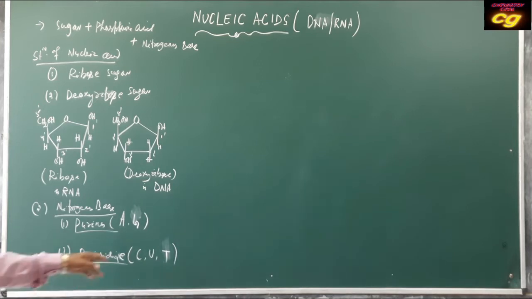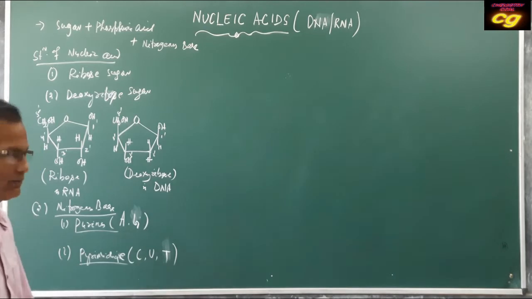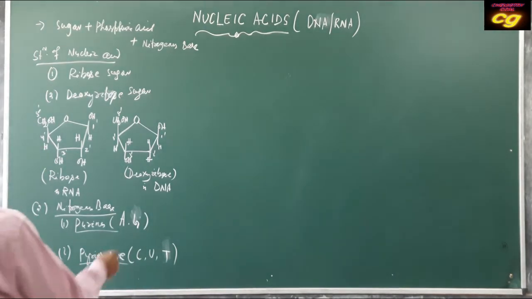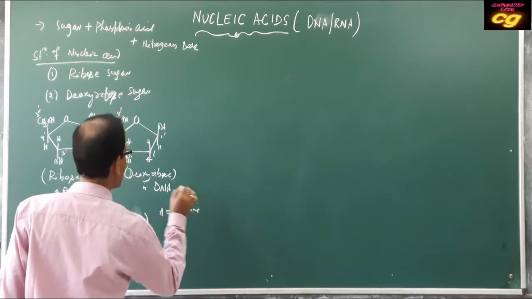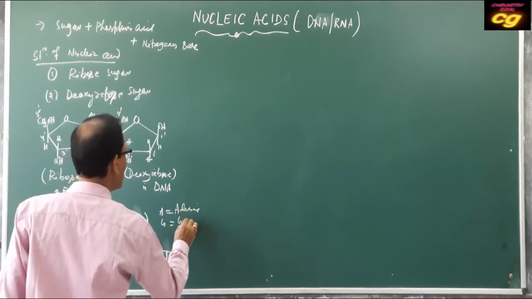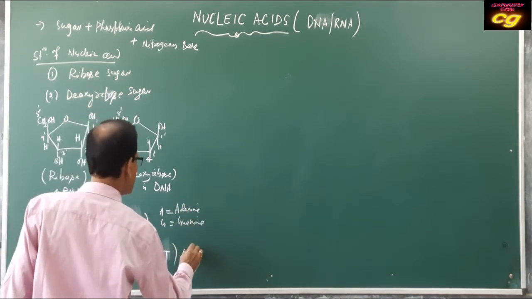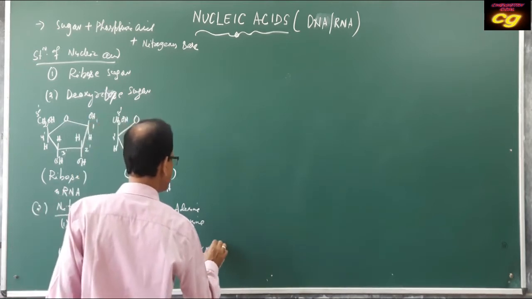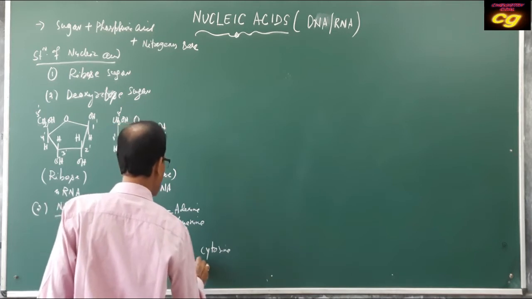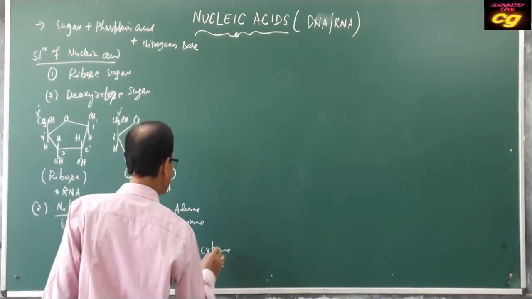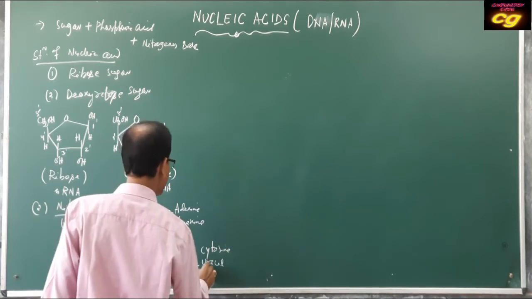Adenine, guanine, cytosine, uracil and thymine. A stands for adenine, G stands for guanine, C stands for cytosine, U stands for uracil, and T stands for thymine.